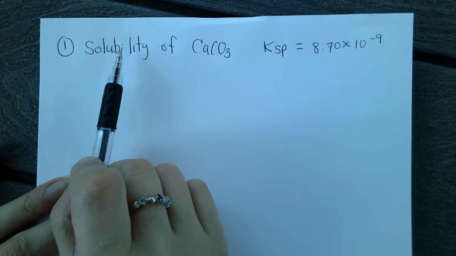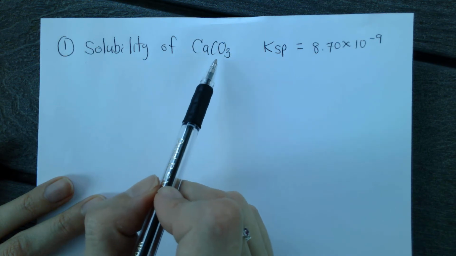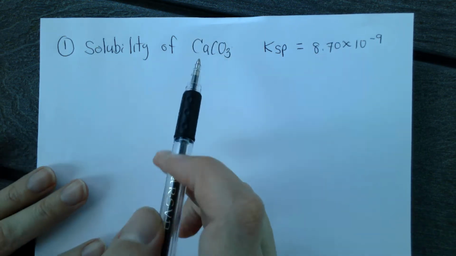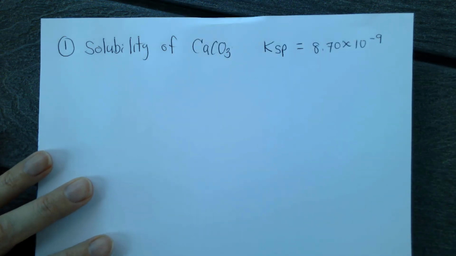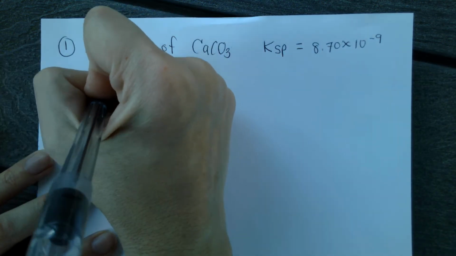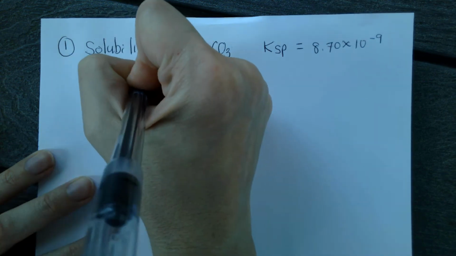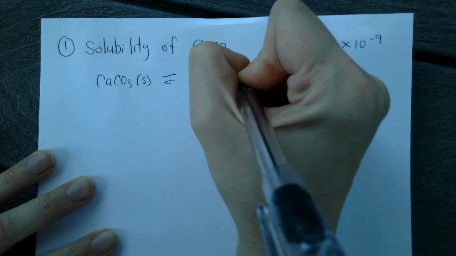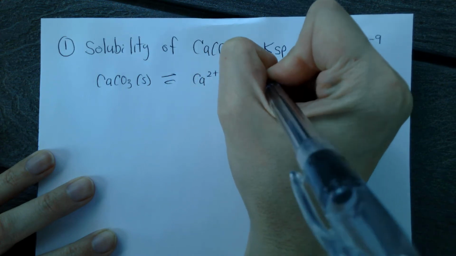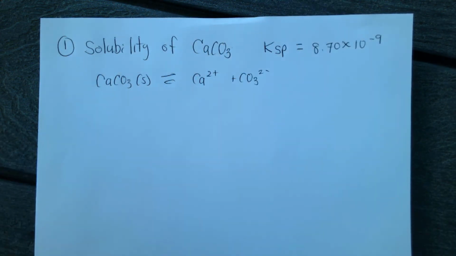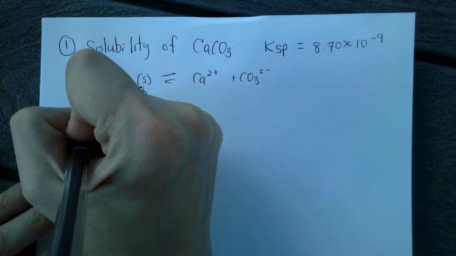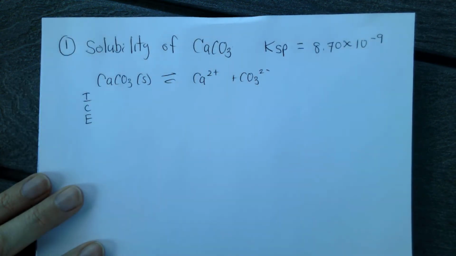We want to calculate the solubility, which means how much of this solid ionic compound we would expect to dissolve in some sort of body of water. So we set up an ICE table. What we're looking at is the solid breaking apart into ions. In an ICE table, we deal with initial, change, and equilibrium.